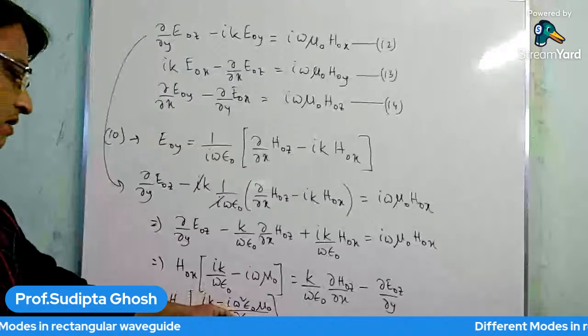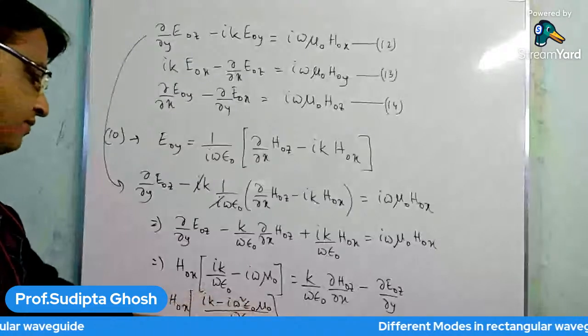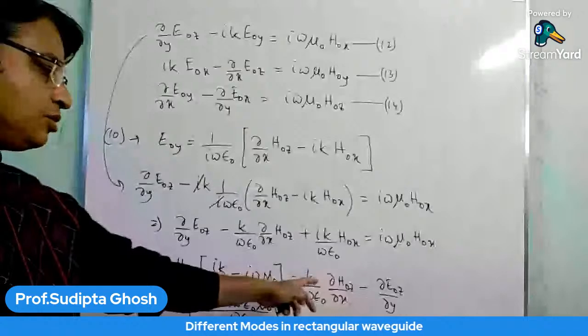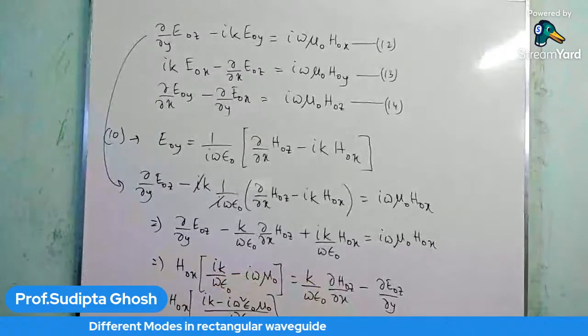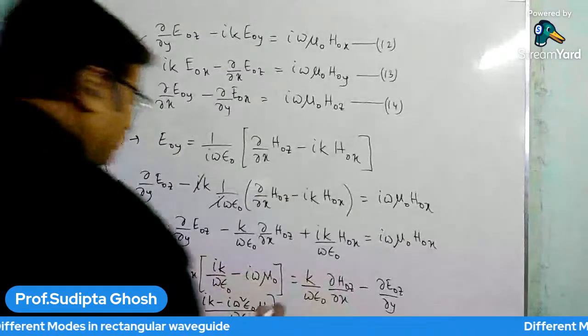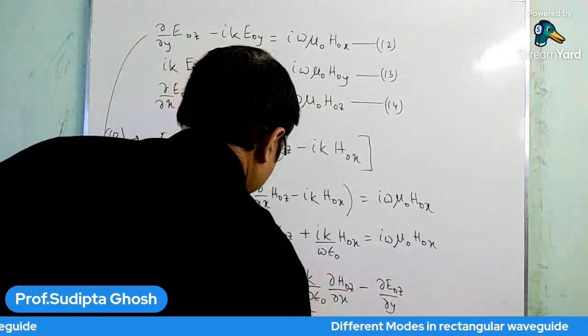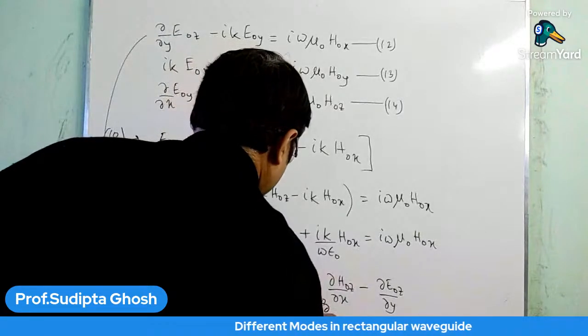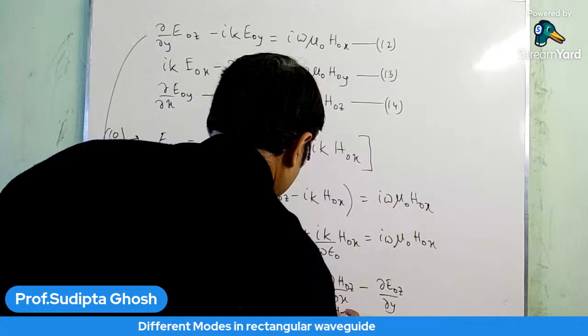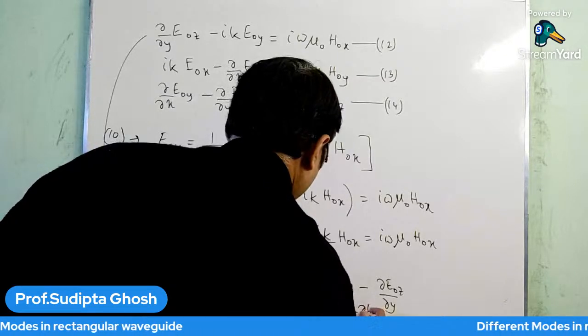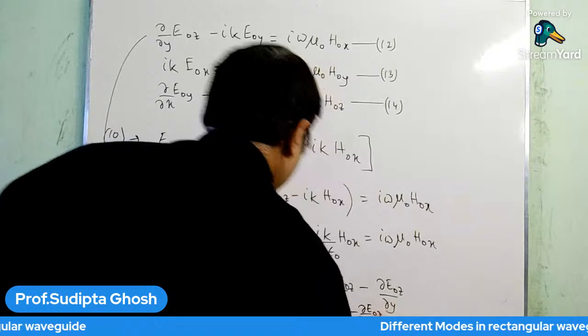I can shift this omega epsilon 0 to the right hand side. So it will be k by omega epsilon 0 del x of HOZ. Just follow me, minus del y of EOZ.